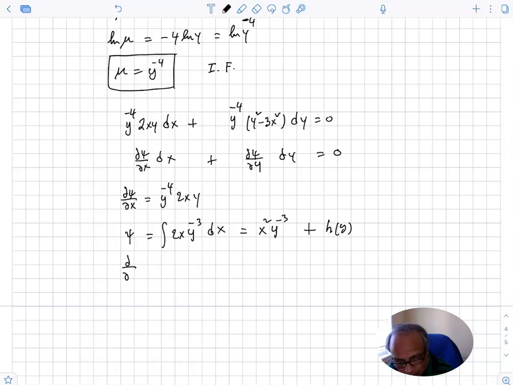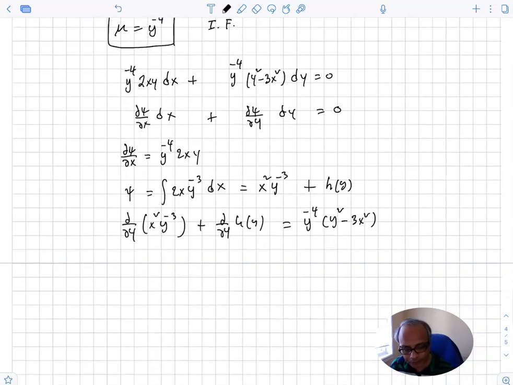So partial d dy of x square y to the power minus 3 equals y to the power minus 4 times y square minus 3x square, and you differentiate on the left hand side.